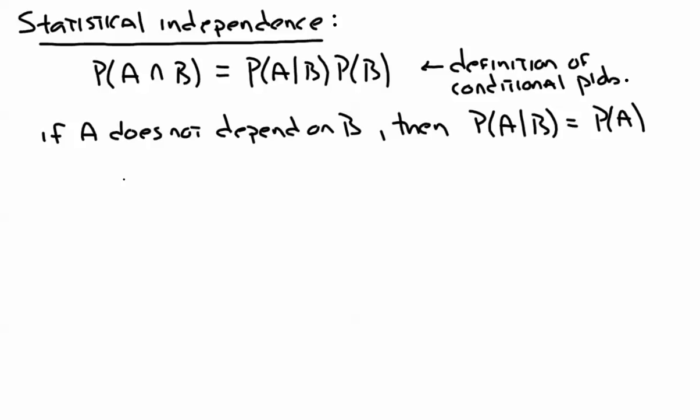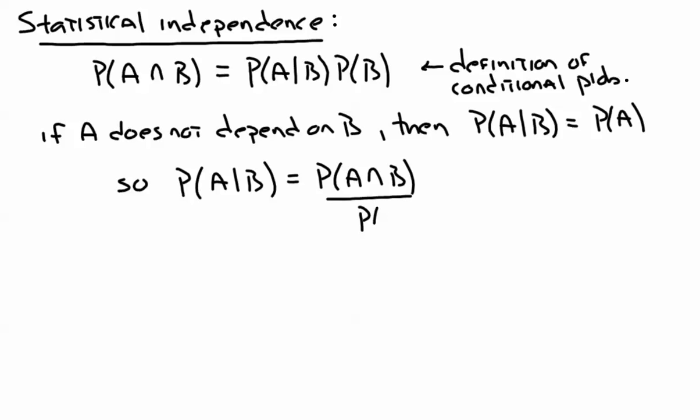So, I can rewrite this. Probability of A if B equals probability of A intersect B divided by probability of B. Just a rearrangement of my definition of conditional probability.